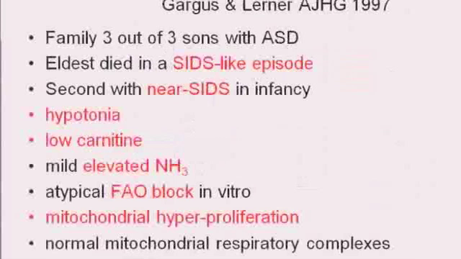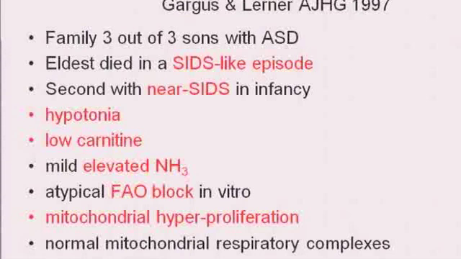Now, this goes back to the early notions that we had that there may be a role for mitochondrial defects. It was a study that I had done with Mark Lerner, where there was a family that had 3 children with autism spectrum disorder, and the eldest had died a SIDS-like death. So we started working up the family for these fatty acid oxidation diseases.